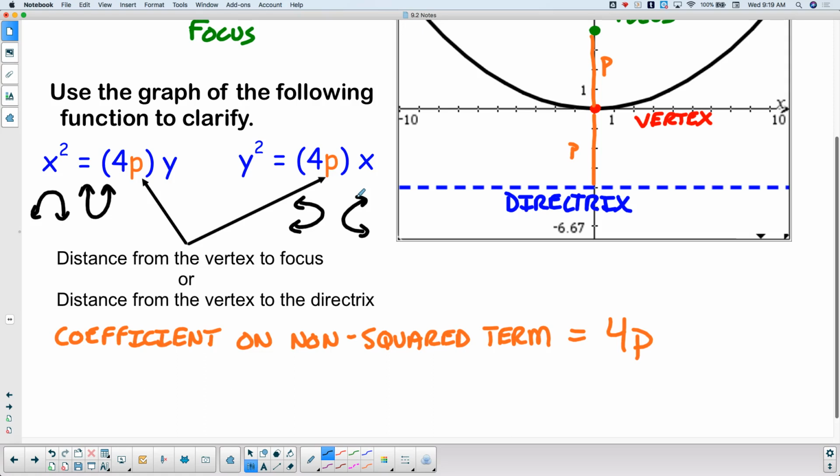So I am going to now give you 5 steps to graph a parabola. Our goal coming out of today is to be able to graph a parabola. Now, you do you.